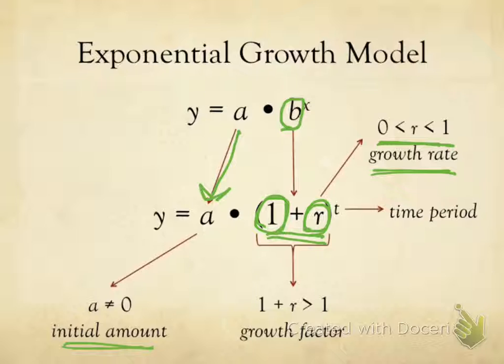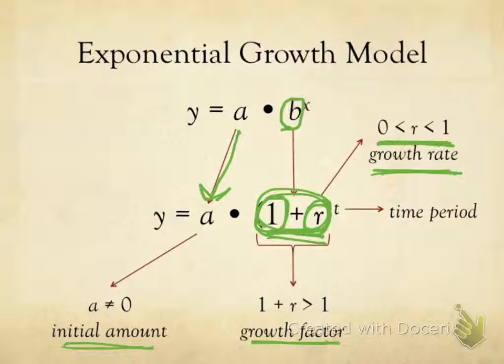If they tell you something is growing at a rate of 10%, then we're going to change that percent to a decimal. That decimal now will fit this criteria of being between 0 and 1, and that will be our growth rate. When we put it into this parentheses and add it to the 1, then that whole base becomes our growth factor.